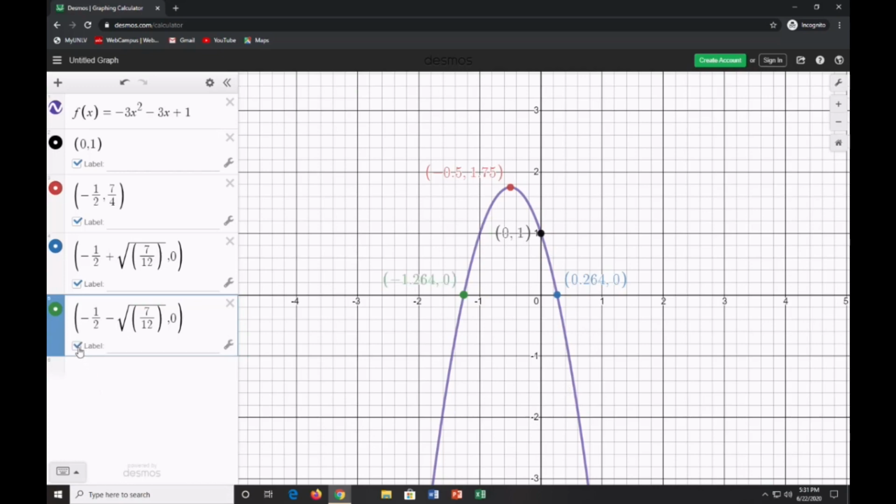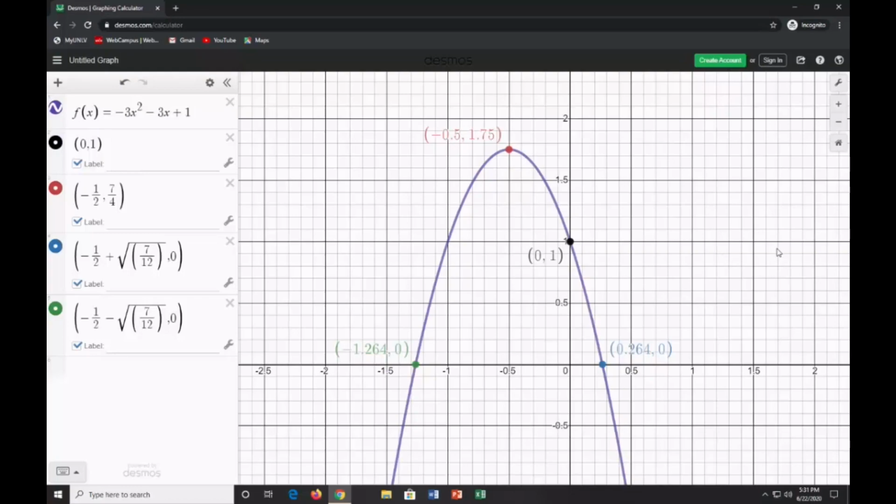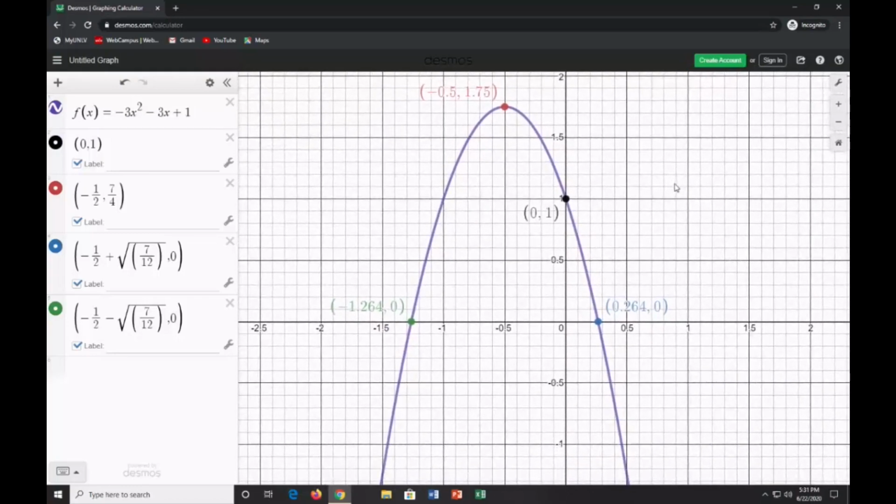Let's label that. So -1.26. Okay, maybe we can zoom in a little more. Yeah, we can zoom in a little more, so you can still see all the various points. The more important thing is the vertex is a maximum point in this case, which is different than the previous two cases that we did, right?